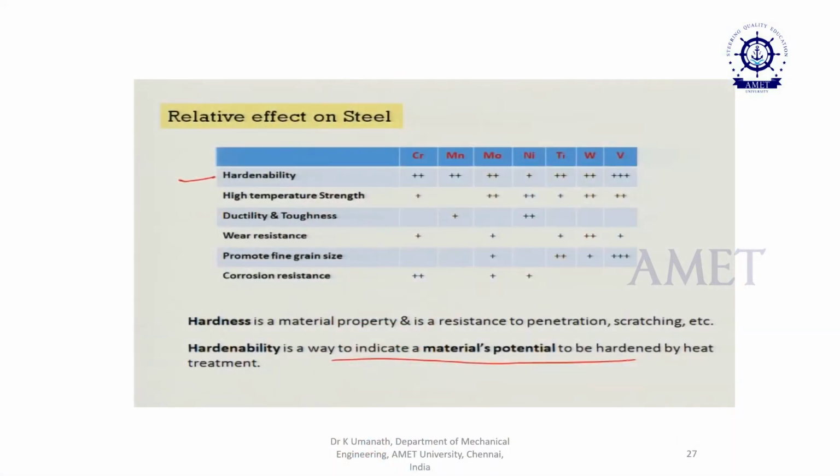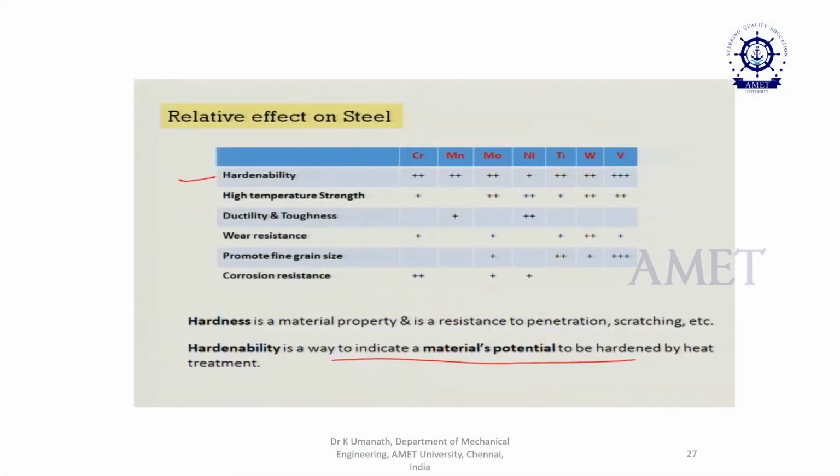This slide shows the effect of various alloy elements in steels. Chromium, molybdenum, nickel, titanium and tungsten are used in steel material. Mostly they are used for hardenability, high temperature strength, ductility, wear resistance, grain size refinement and corrosion resistance.